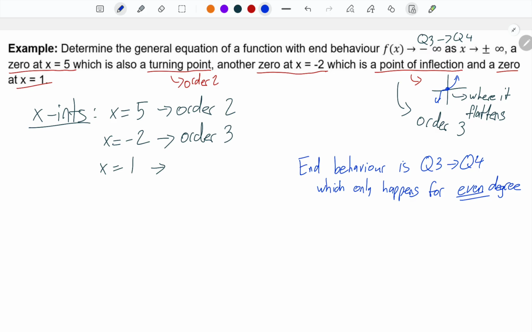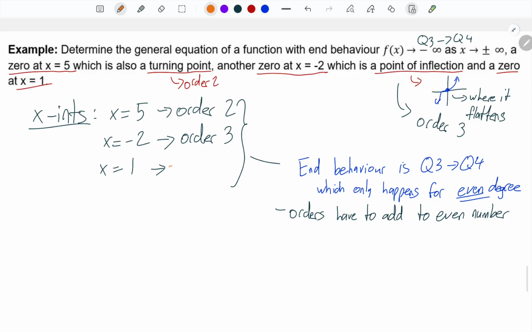So if our end behavior is telling us that we have even degree, well, the orders have to add up to an even number. So choose order 1. And then that will mean degree equals 6 then.